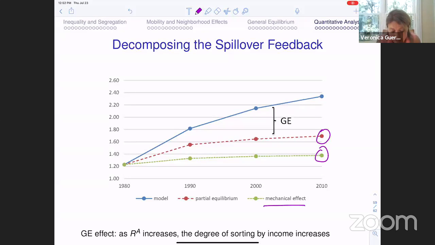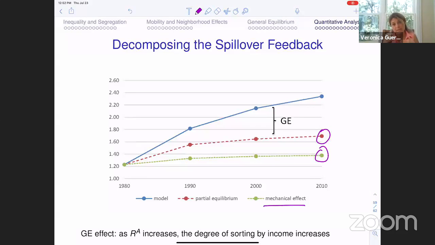Then there is a red line where you have a partial equilibrium effect. On top of that, you're going to have an endogenous choice of where to live. There is going to be some sorting driven by where to live and how much education to get. More inequality is also going to generate an increase in the gap because of that.